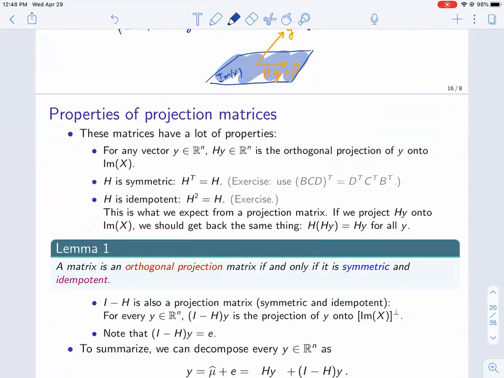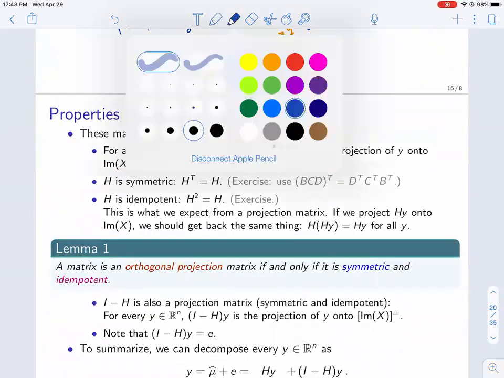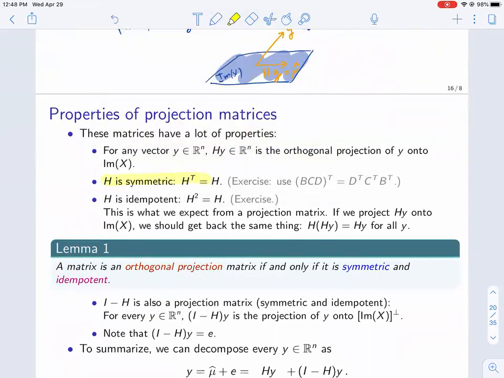So H is symmetric, so H transpose is equal to H, and H is idempotent, so H squared is equal to H. So these you have shown. And the other property that I mentioned is that for any Y, HY is the orthogonal projection of Y onto the image.